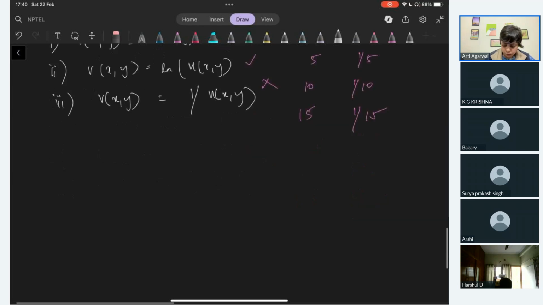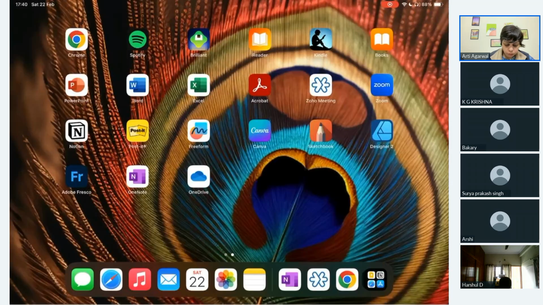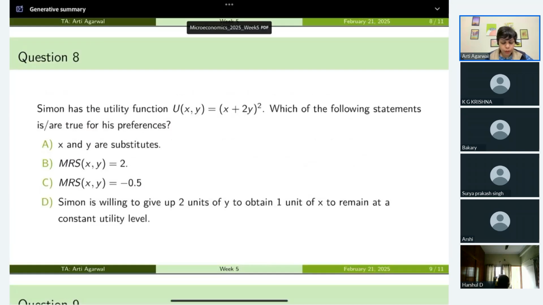Let's go back to our question. So now we come to something called marginal rate of substitution. I think we will need to spend a little more time on this. I will try to finish this today, but in case this whole concept is a bit foggy, I'll explain it in more detail next time. But we will discuss it today also. We are given that Simon's utility function is (x plus 2y) whole squared. First, the question is, are x and y substitutes?